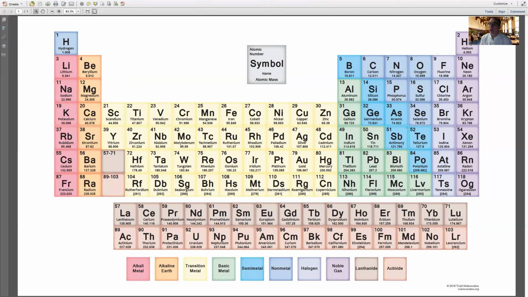When we move on to the second half of Unit 1, that's where we start talking about the periods that we have here and the trends that take place across these periods. It turns out, for example, that over here on the left-hand side are where our metals are found. And over here on the right-hand side is where our non-metals are found.